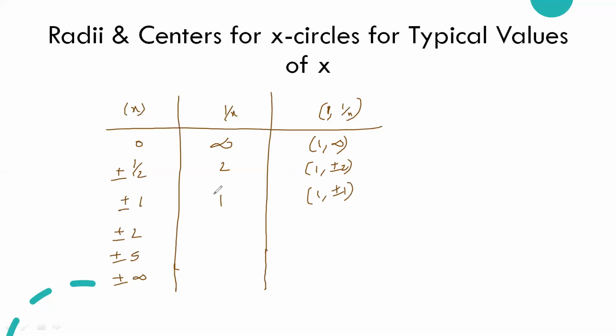Obviously we don't have a negative radius, which is why we consider the positive values directly. Then for plus or minus 2, the radius is 1 by 2 and the center is 1 comma plus or minus 1 by 2. For plus or minus 5, the center is 1 comma plus or minus 1 by 5. And for X equal to infinity, the radius is 0 and the center is 1 comma 0.